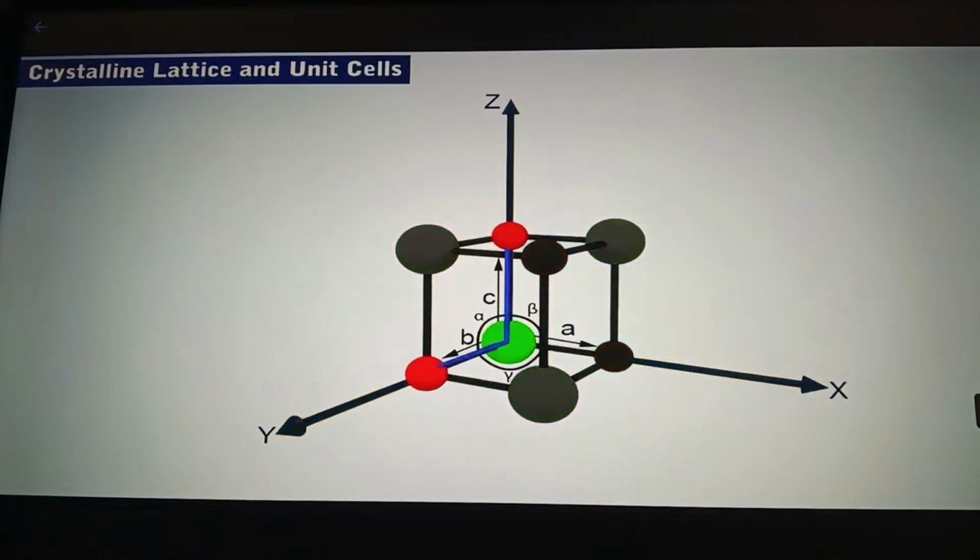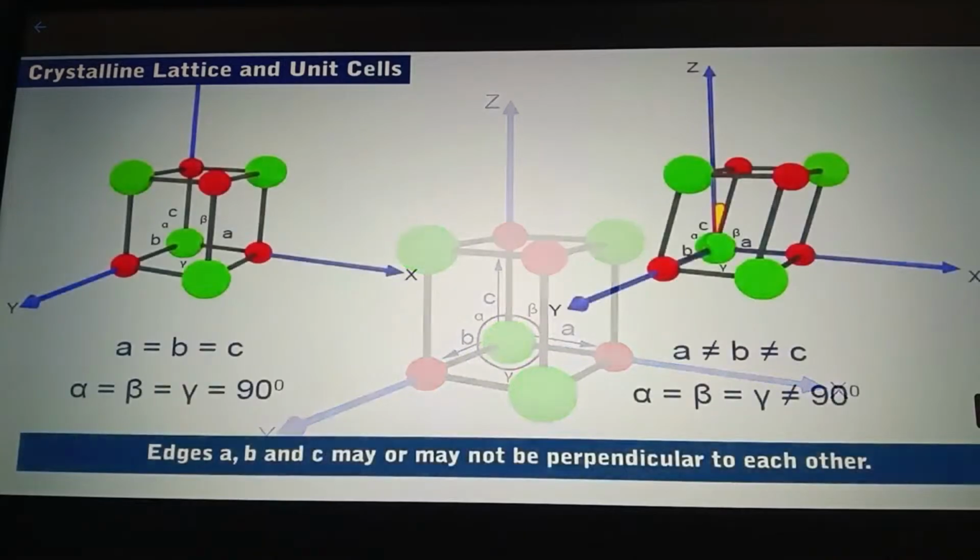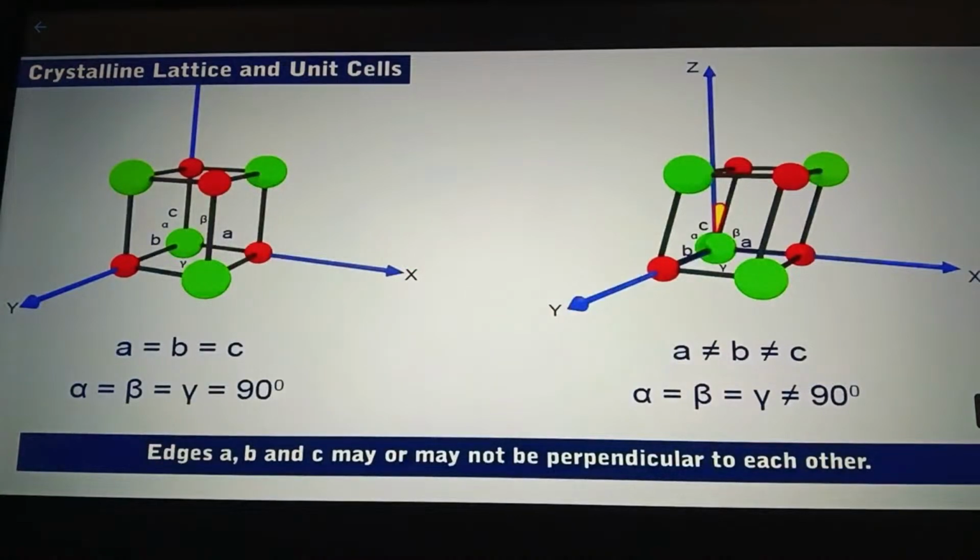Alpha is an angle between edges B and C. Beta is the angle between edges C and A, while gamma is the angle between edges A and B, as shown here. An important point to note is that edges A, B, and C may or may not be perpendicular to each other.